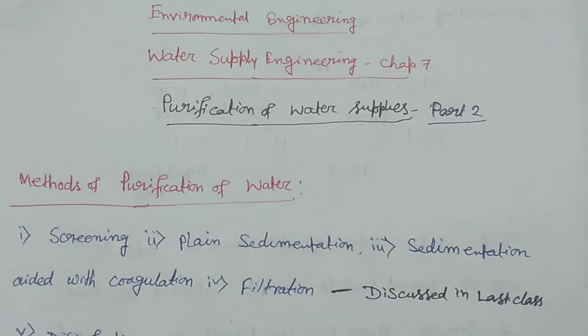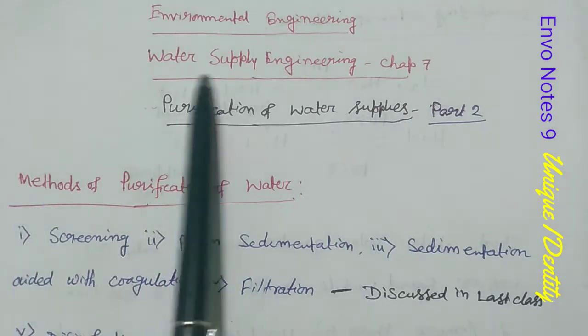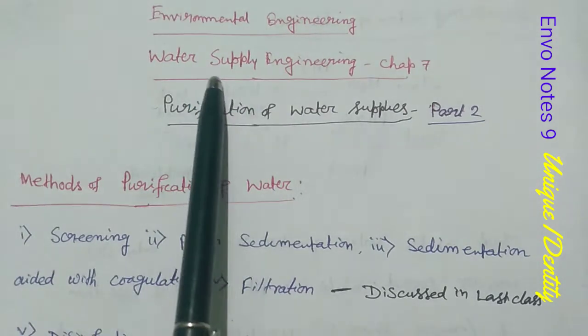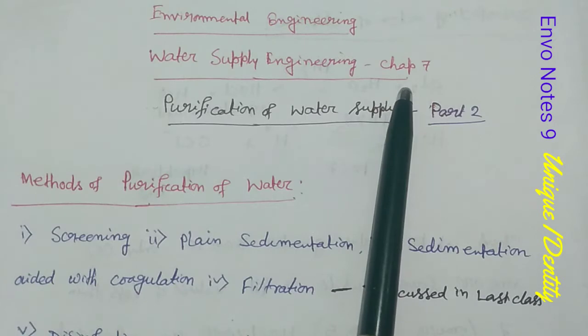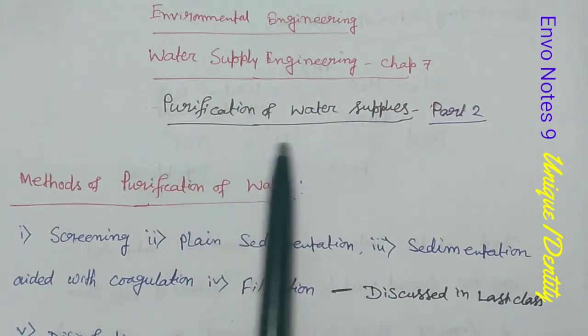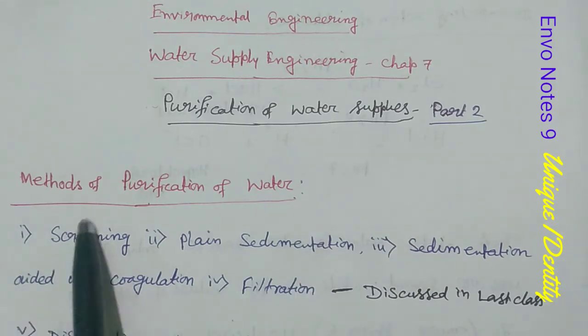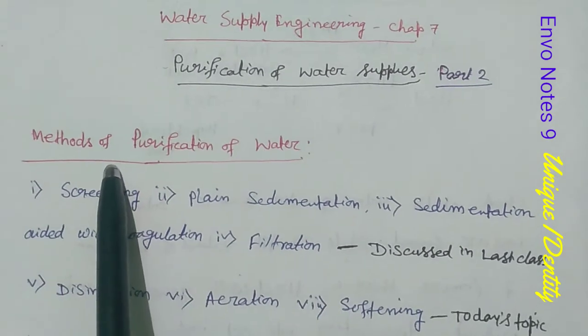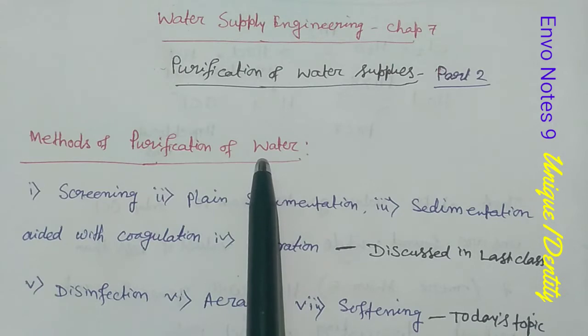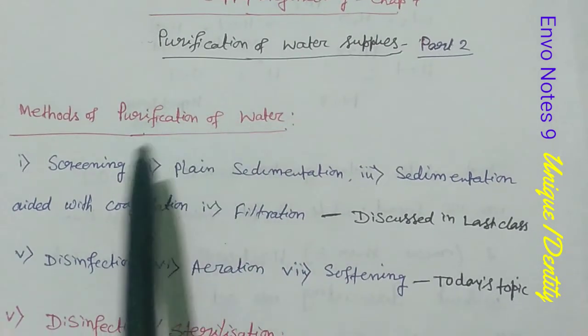So let's start environmental engineering, water supply engineering, chapter 7, purification of water supply, part 2. This is the method for purification of water. What are the methods?